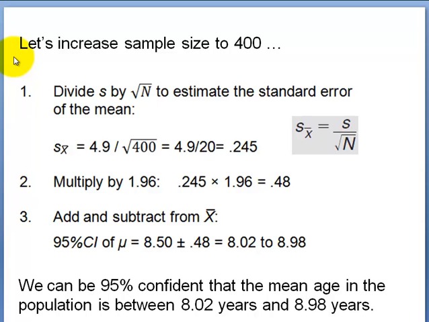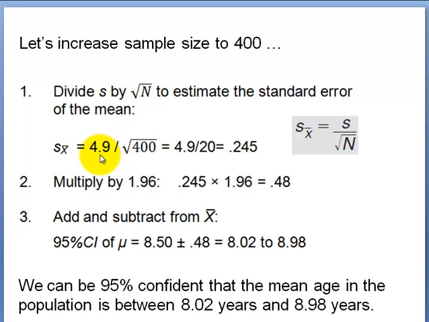Let's examine the effect of sample size on the confidence interval. So let's increase sample size to 400, and we'll presume that other factors stay the same. What we need to do now is divide the standard deviation in our random sample by the square root of 400.